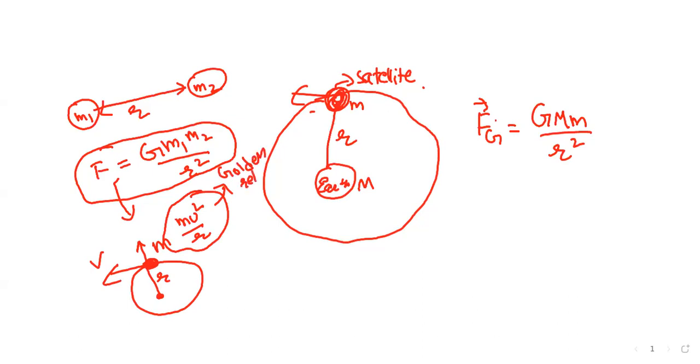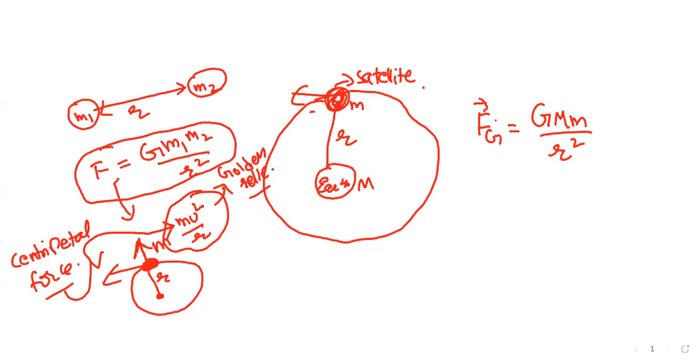Okay. So any object moving with velocity v in a circular path with radius r is going to experience a force in the outward direction, and this is known as the centripetal force. It is given by the formula m v square upon r.